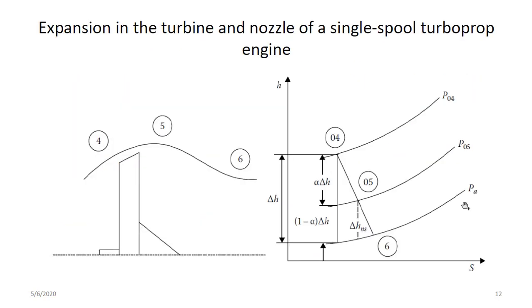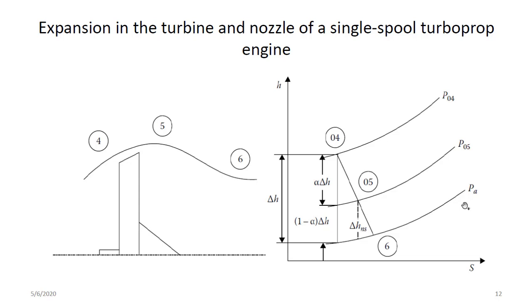So from 4, which is entry to the turbine, and 5 is exit of the turbine but entry to the nozzle. Then 6 is exit of the nozzle. So this is the sketch, and these are the enthalpy-entropy diagrams.